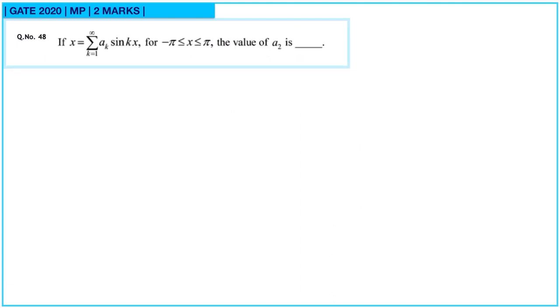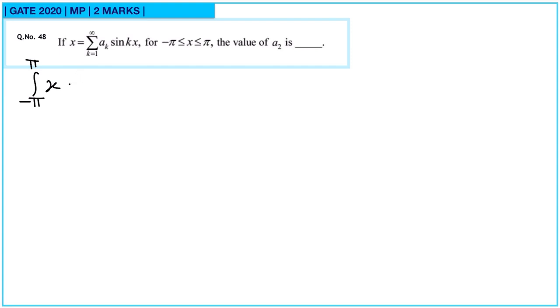Next question. If x is equal to summation over a_k sin kx for this range, then the value of a2 is. Now let us find out integration from minus pi to pi of x, and I will multiply by sin kx on both sides.